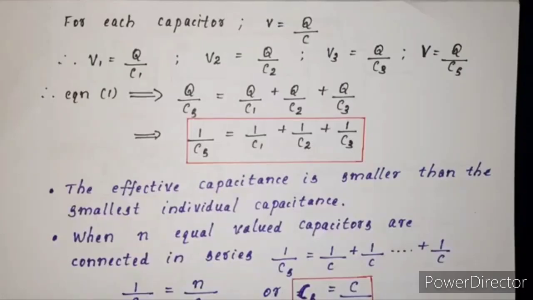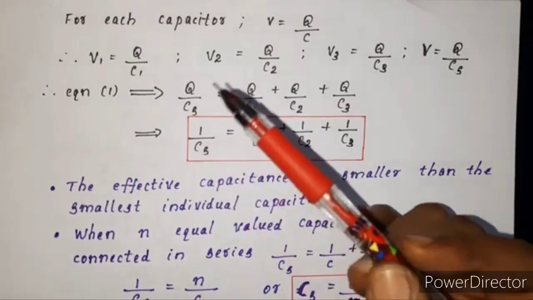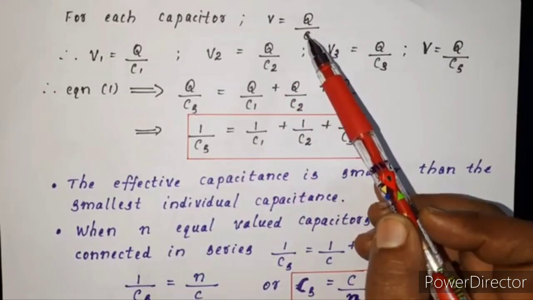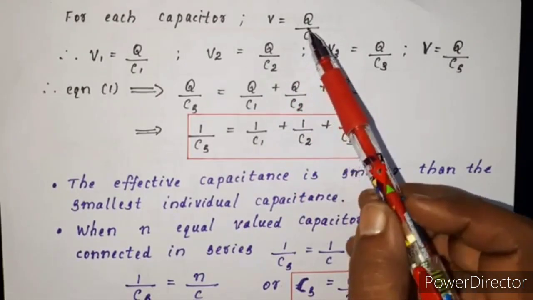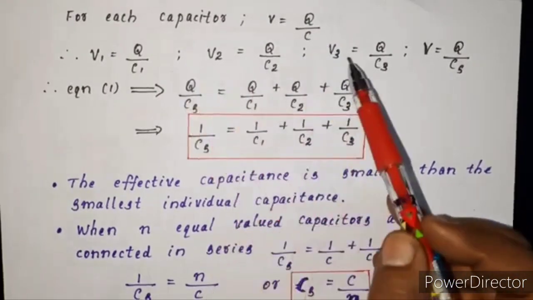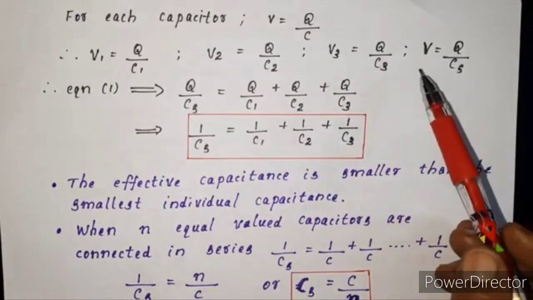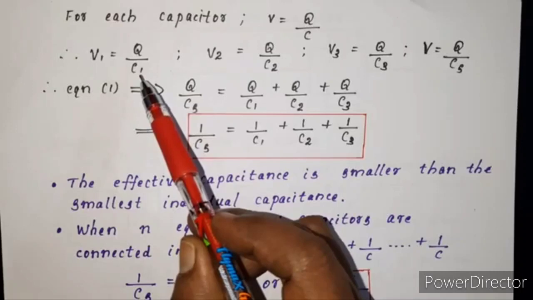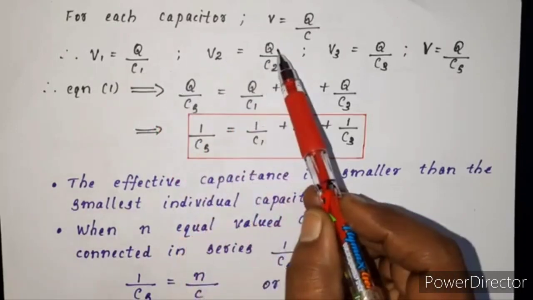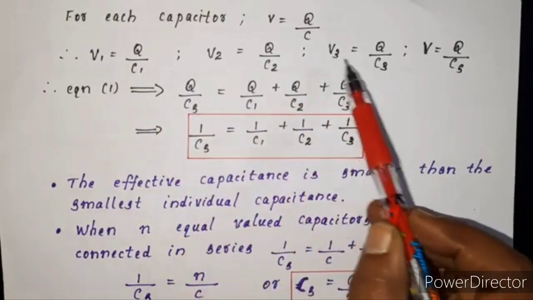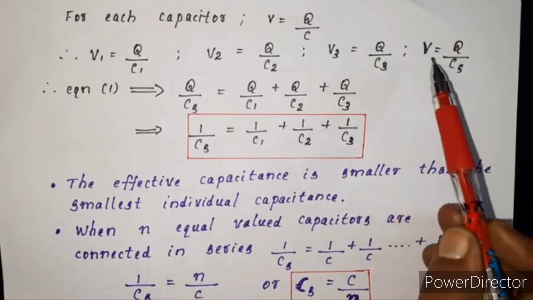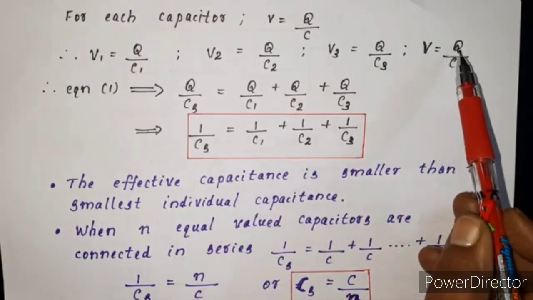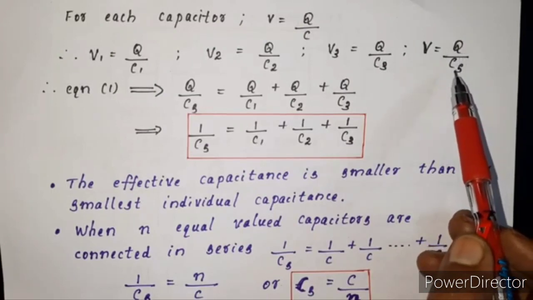Now for each capacitor we know V is equal to Q by C. This relation we can write for all the three capacitors and for the equivalent capacitor also. That is, V1 is equal to Q by C1, V2 is equal to Q by C2, V3 is equal to Q by C3, and for the equivalent circuit we can write V is equal to Q by Cs.